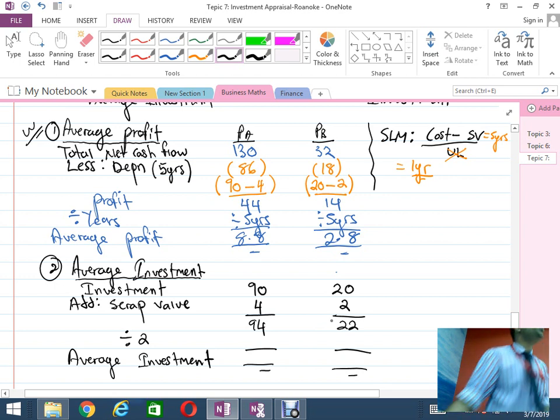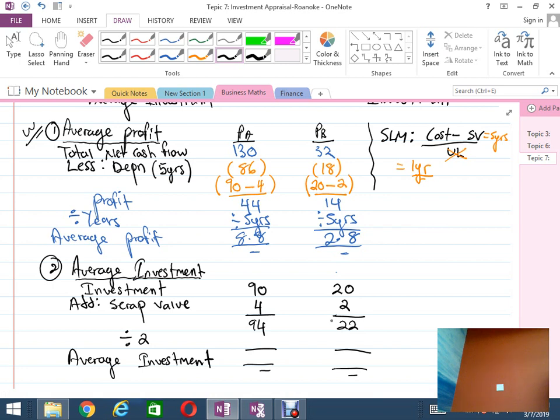Now what happens if you don't have a scrap value? Do you need to divide by 2? No need. You don't take the average because you only have the investment. Remember I gave you 2 formulas, right? The difference between the 2 formulas: if you have a scrap value, you calculate the average.